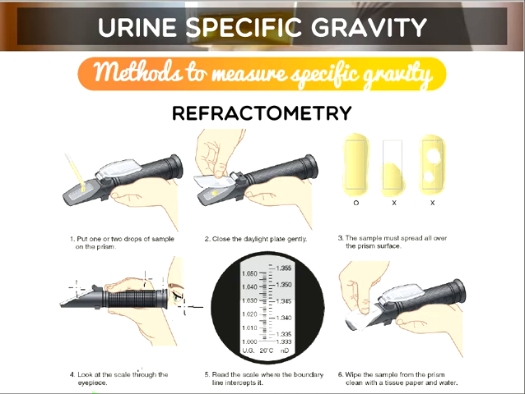You should look at it in a bright area, guys, so that it reflects. Inside, you will see the scale. Read the scale where the boundary line intercepts it. Usually, it is blue in color. After that, of course, you have to wipe it clean for the next user.